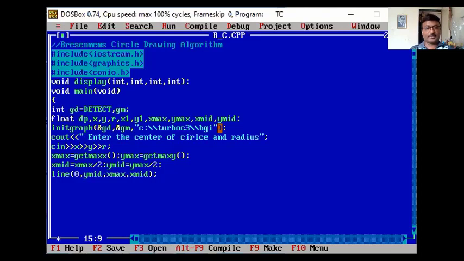Okay, and this is my y mid. Suppose you started with the x, then x mid. So line with x mid, comma 0, x mid, comma y max. Okay, so this is my x-axis, and this is my y-axis.